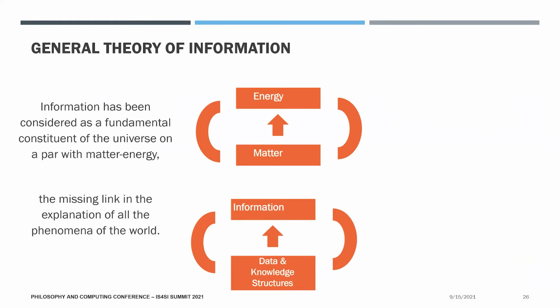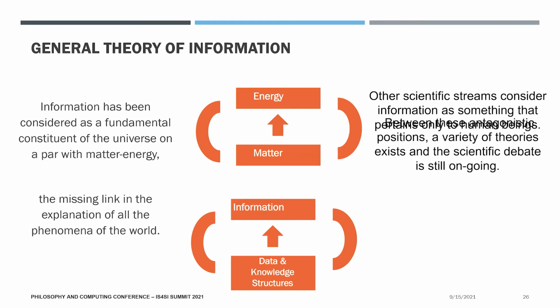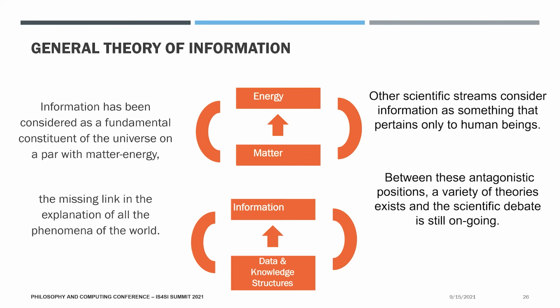Information has always been considered a fundamental constituent of the universe on par with matter and energy, and the missing link in the explanation of all the phenomena of the world. Other scientific streams consider information as something that pertains only to human beings.